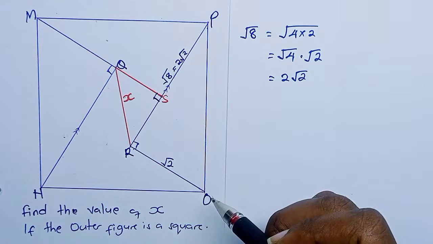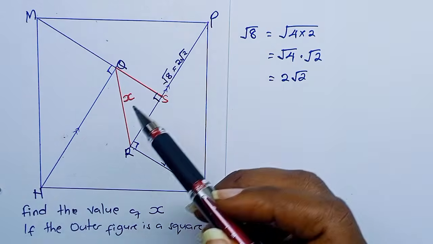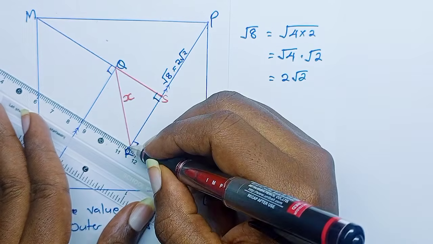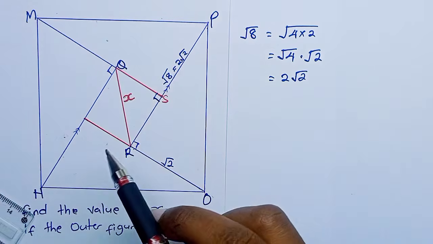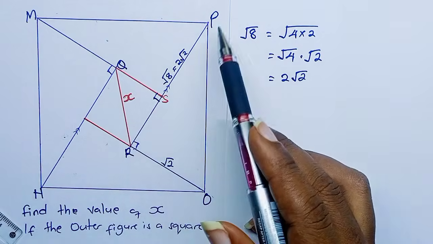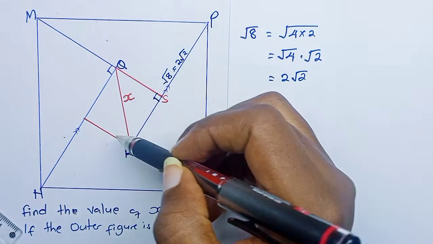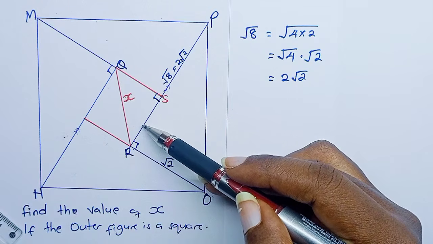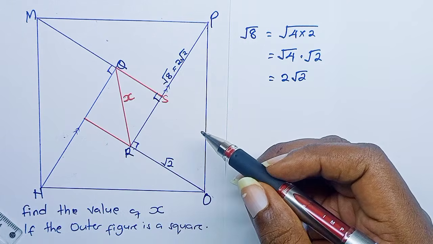Also, let me extend this line OR to line NQ. Now, since we've already seen that NQ is parallel to PR, OR going all the way is also a transversal that is cutting two parallel lines. Therefore, the corresponding angles are equal.